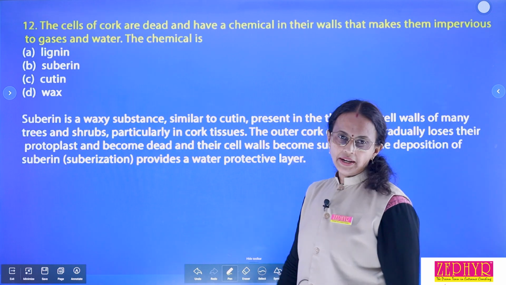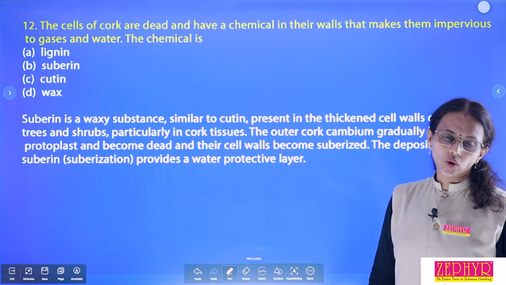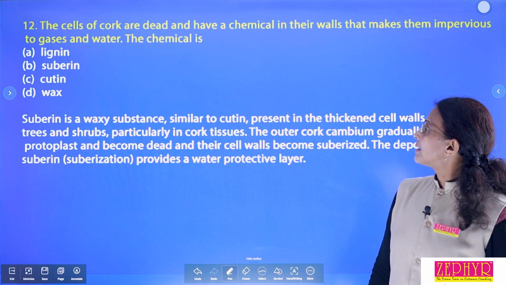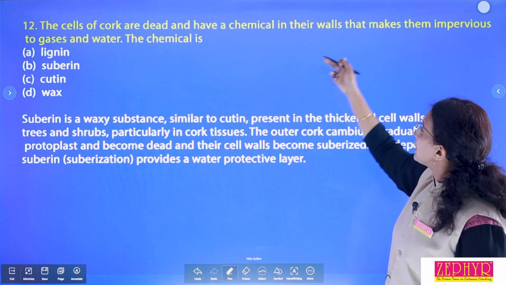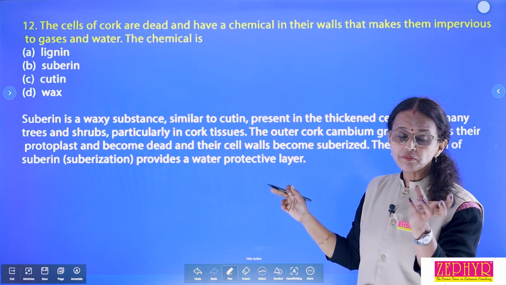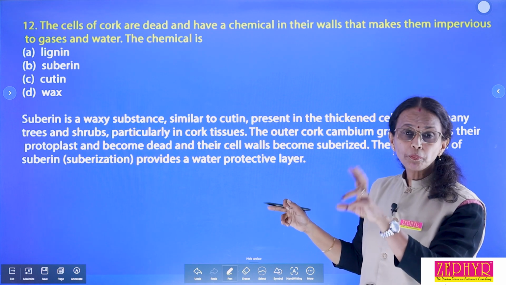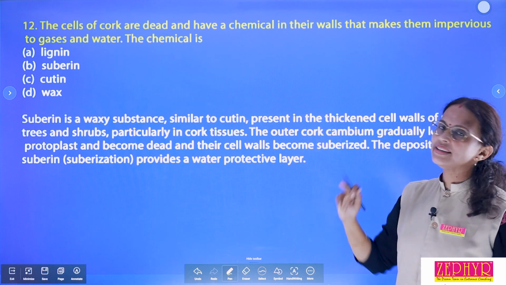Okay. Then next question. The cells of cork are dead and have a chemical in their walls that makes them impervious. Impervious means it does not allow gases and water to enter.